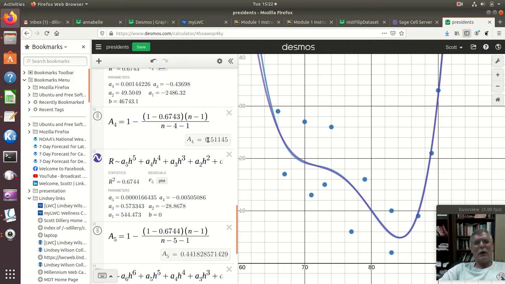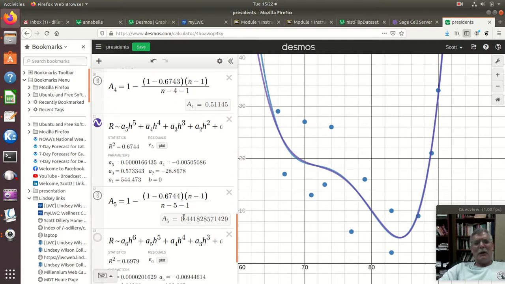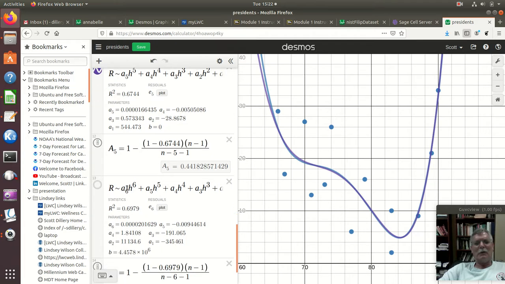My adjusted R squared peaked at 0.511. Looks like it's going down now at 0.44. Let's take a look at, I've got a sixth degree polynomial in here. Notice it starts to actually look kind of worse. However, it doesn't. Notice the R squared still went up.